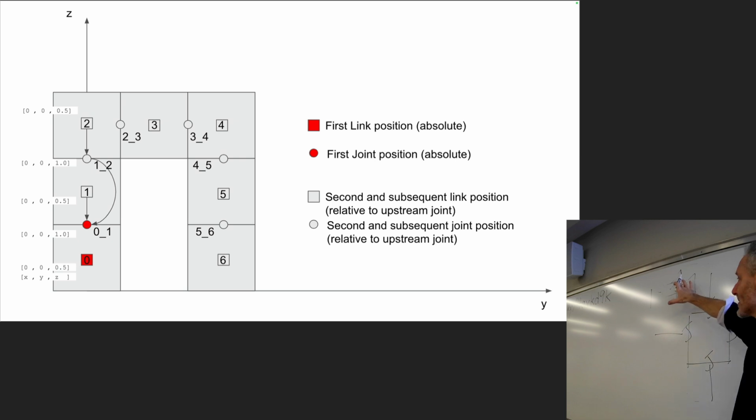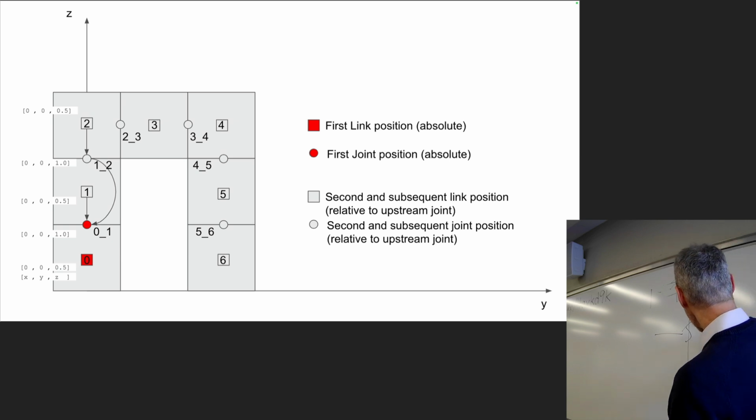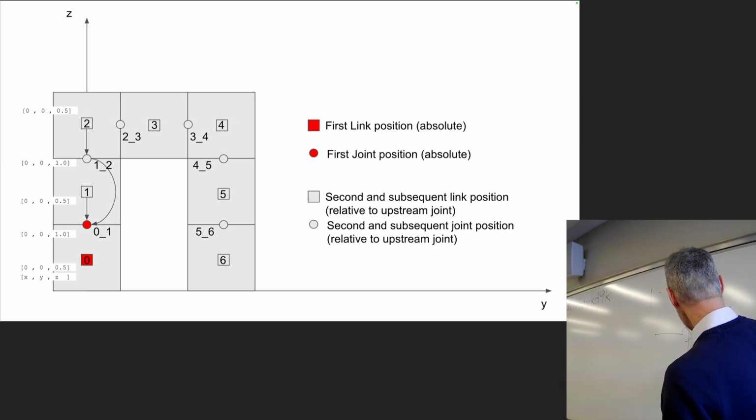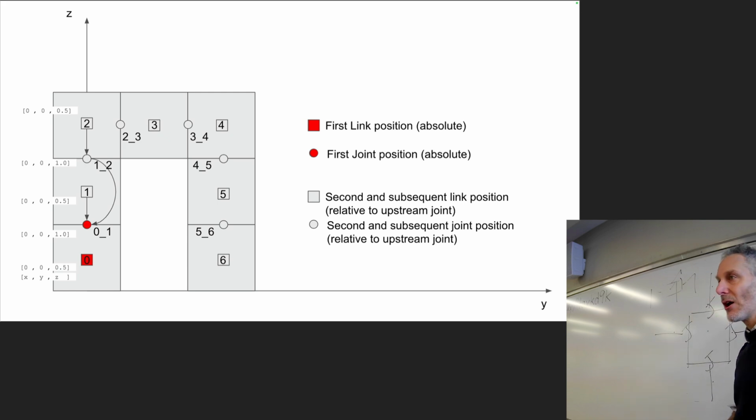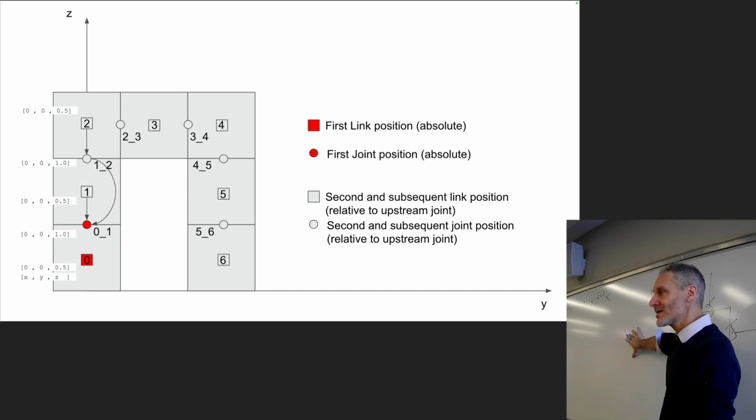I might create such a 4-legged robot, and then in my final project, I might be interested in creating a swarm of robots. So if I go through and figure out the positions of all of these links and joints, plus the joints and links for the lower legs, and then construct the exact same robot but at a different position, I gotta go through and figure out all the absolute coordinates for this second robot.